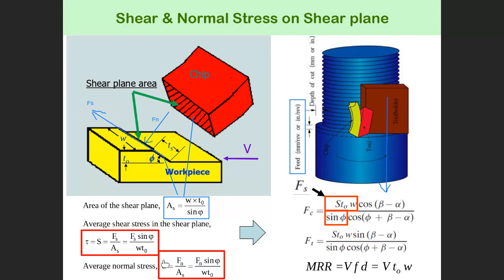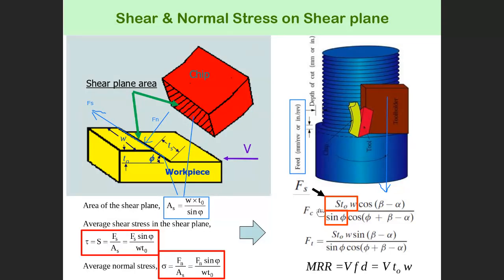If you know the normal stress, you apply As to get Fn. Then the normal stress equals Fn sine phi divided by w t0. If we know the shear stress and normal stress of the material, we can obtain Fs and Fn, and from those we can obtain the other forces.